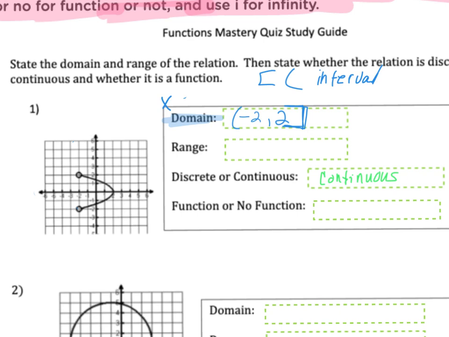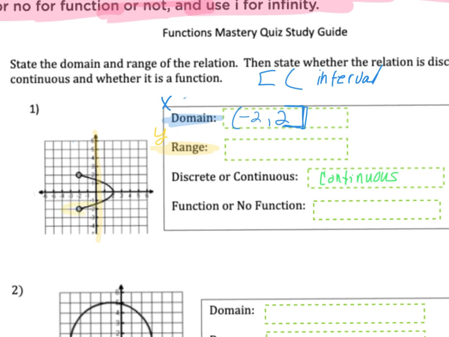All right. So the range, if the domain was my x values, then that means that the range are my y values. So I'm going to write a little y here as a reminder. Our y values would fall along the y-axis here. So we're basically looking at the bottom and the top of that graph, right?